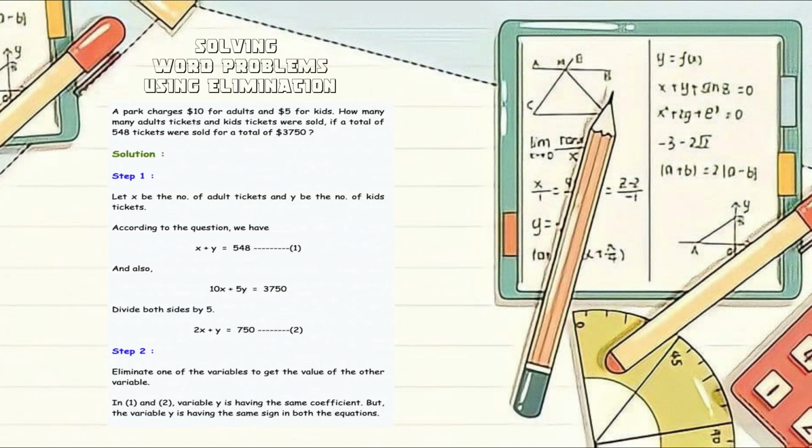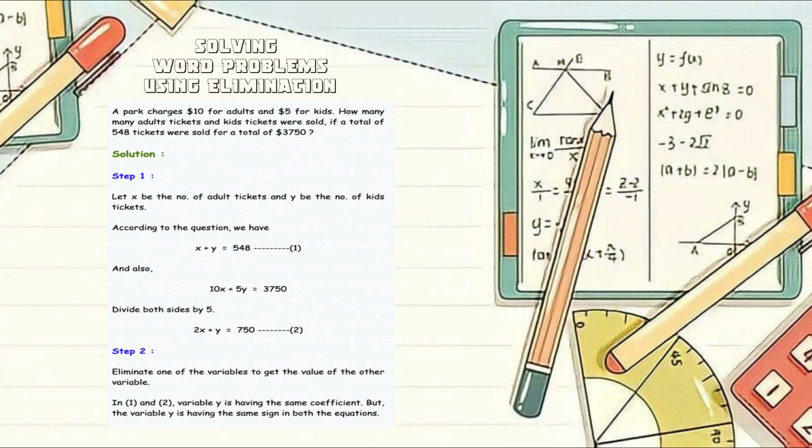A park charges $10 for adults and $5 for kids. How many adult tickets and kid tickets were sold, if a total of 548 tickets were sold for a total of $3,750? Solution. Step 1.